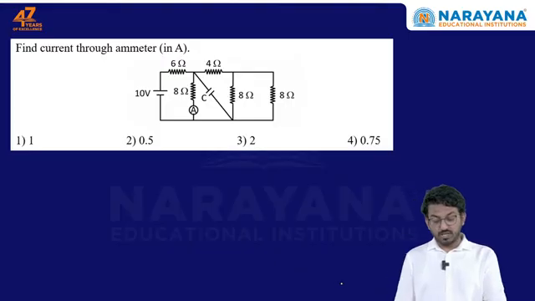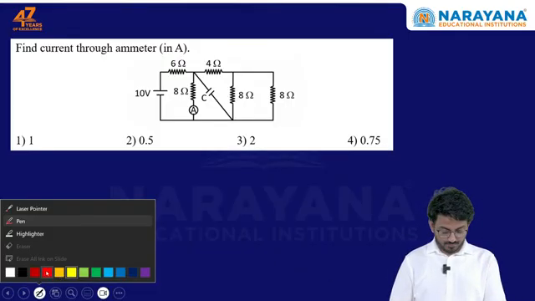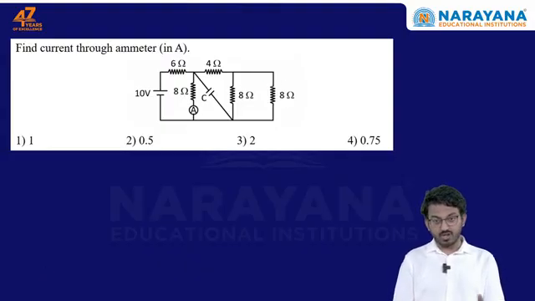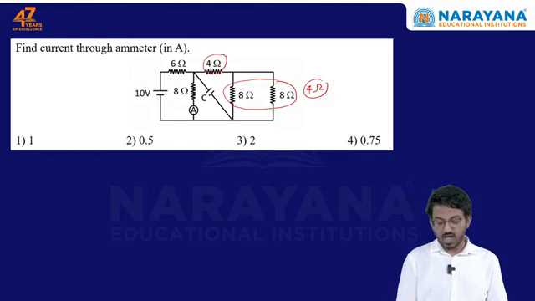We are supposed to find the current through the ammeter, so we can simplify the circuit a bit here. So these 8 and 8 ohm resistors are parallel because the terminals are connected back to back. So 8 and 8 in parallel will become 4 ohm, and notice that this 4 ohm resistor and this 4 ohm resistor are in series.